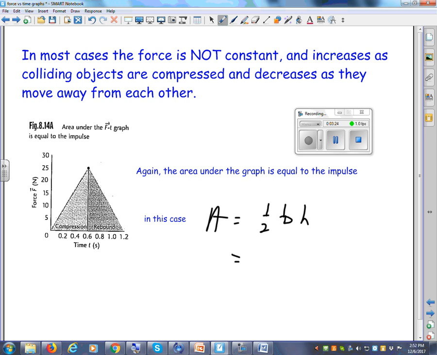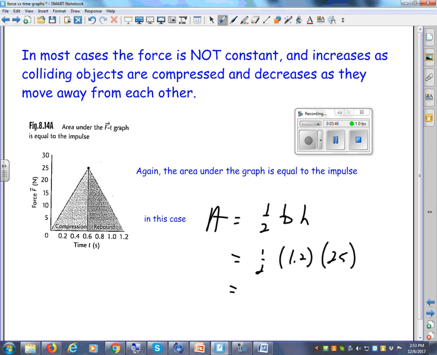The base here is from 0 to, it looks like, 1.2, and the height is up to 25. So 1.2 times 25 would be 30. Half of that, I think, is 15.